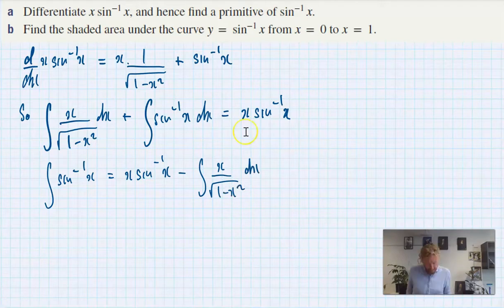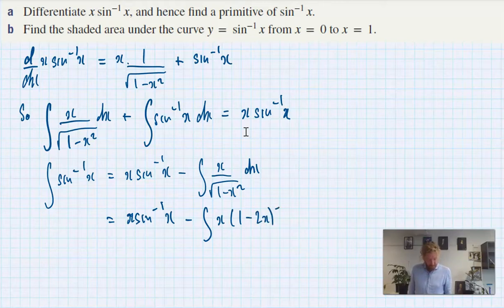Equals x sine inverse x, and then I'm going to subtract the integral of x times 1 minus x squared to the minus a half. Now this is just my kind of reverse chain rule. The derivative of 1 minus x squared is minus 2x, so I'm going to put a minus 2x out the front there.